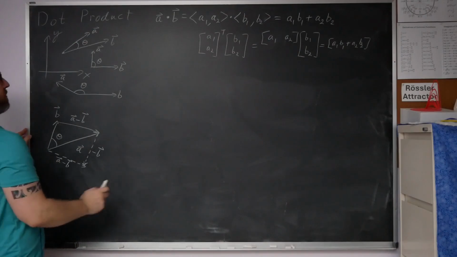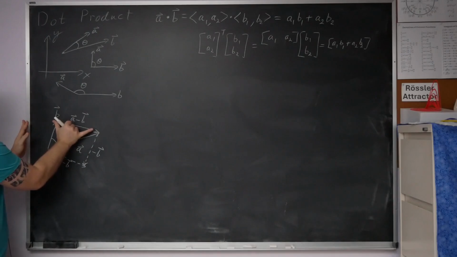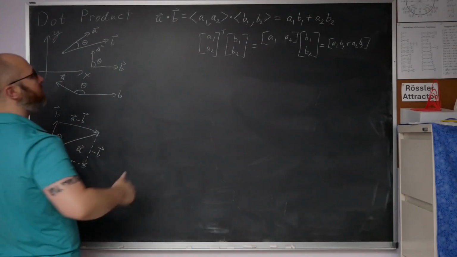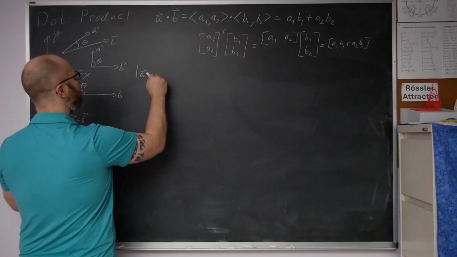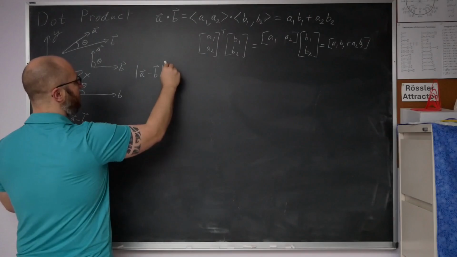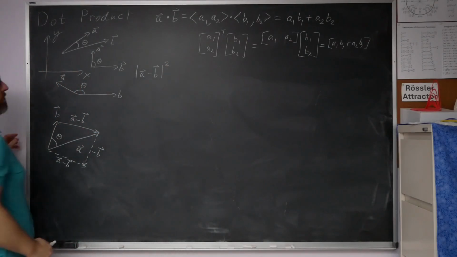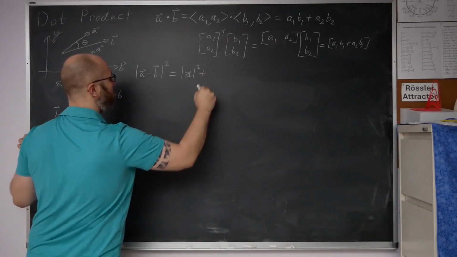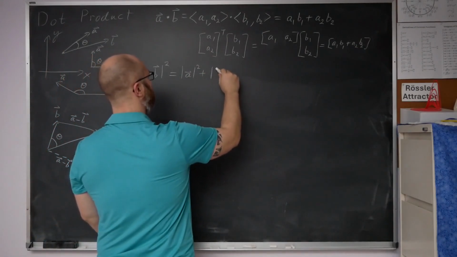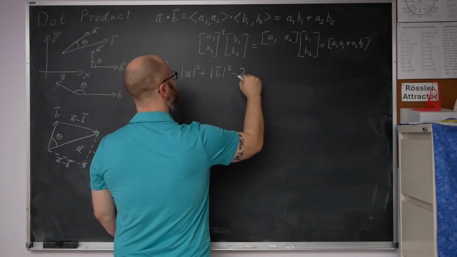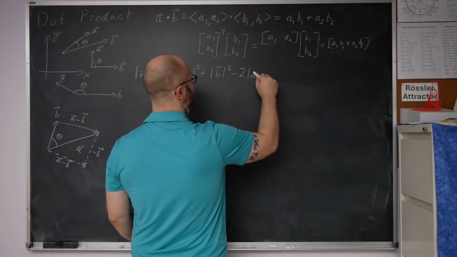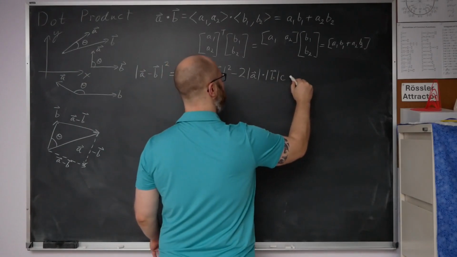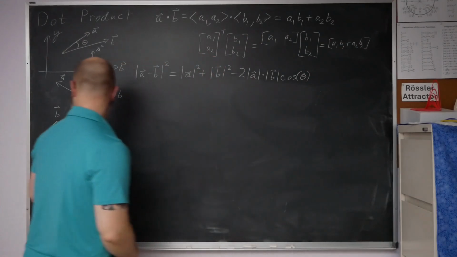The law of cosines says the length of A minus B, squared, equals the length of vector A squared plus the length of vector B squared minus 2 times the length of vector A times the length of vector B times cosine of that angle theta. Right there.